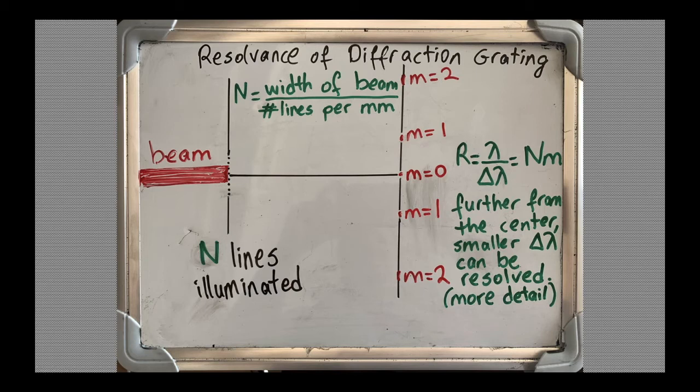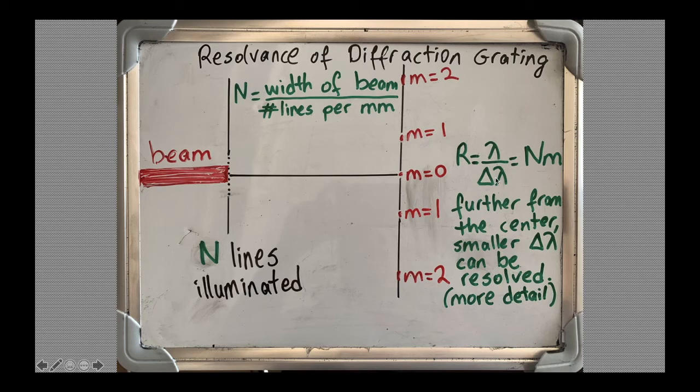It's the ratio of the average wavelength that is incident to the wavelength range that can be resolved within this diffraction grating at m equals 1 and at m equals 2. Now, to understand what this means, further from the center, basically as m increases, the delta lambda would mathematically decrease. You can see this from the formula already.